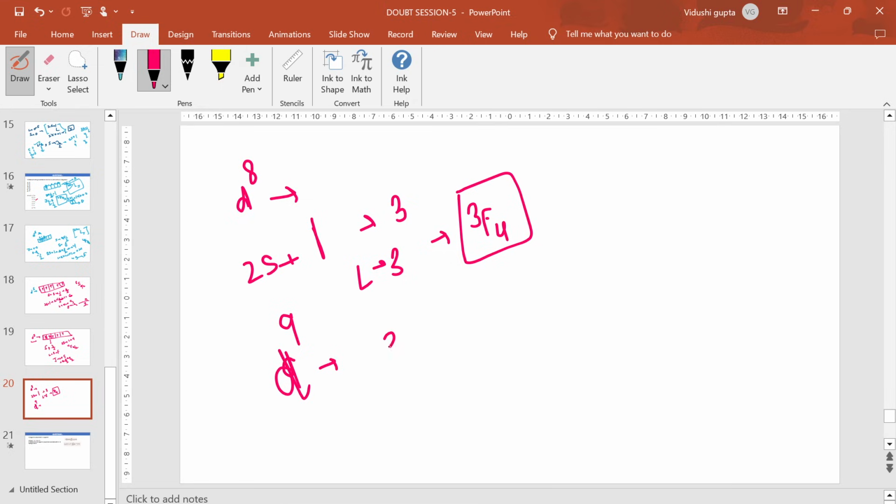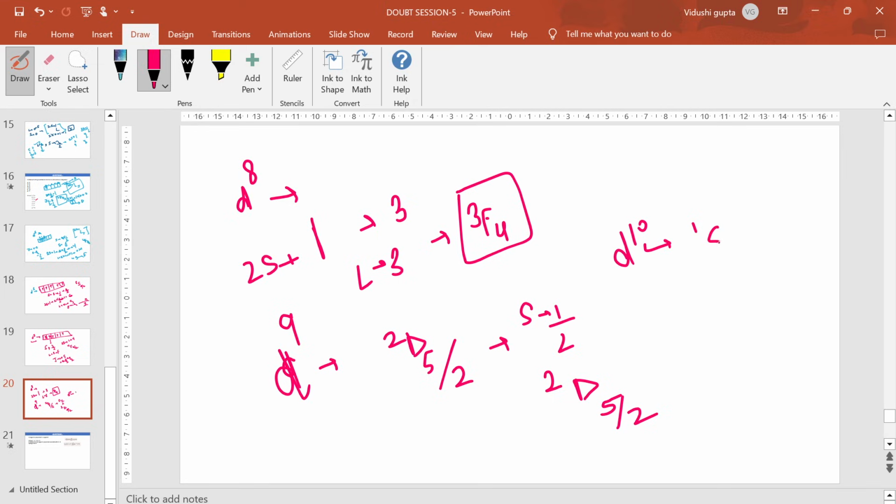For D9, it will be 2D 5 by 2, because all are paired but only one is unpaired, so S will be half. So 2S plus 1, the spin multiplicity, will be 2. L equal to 2 means it will be D, and L plus S will be 2 plus half, that means 5 by 2. And similarly for D10, it will be 1S0.